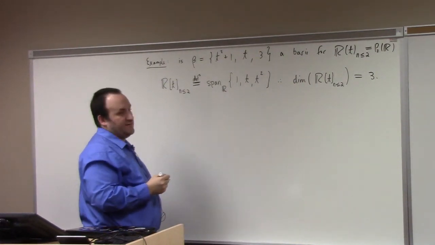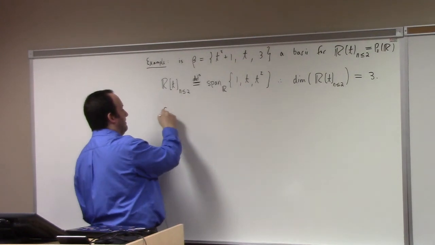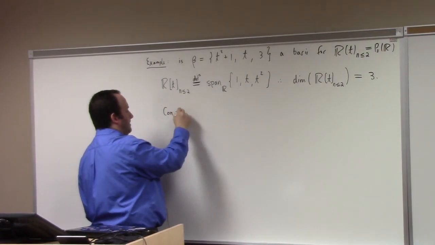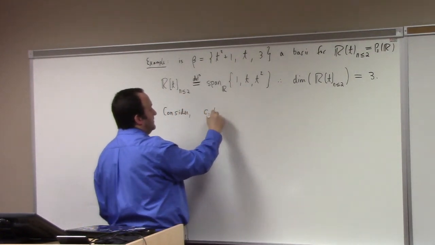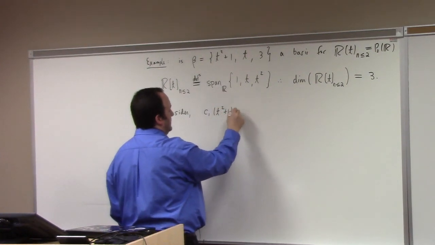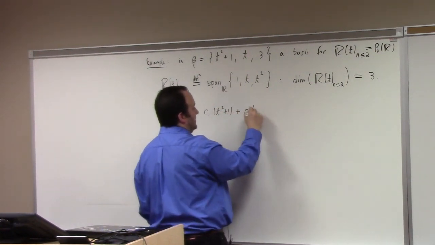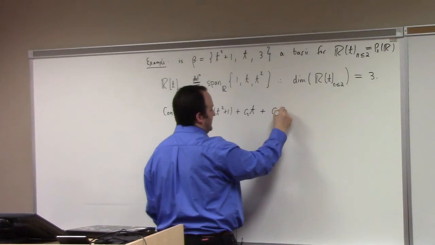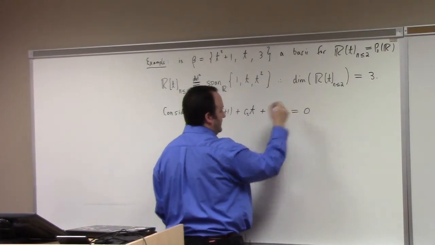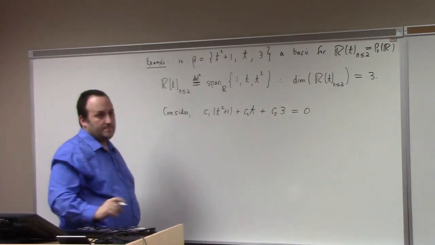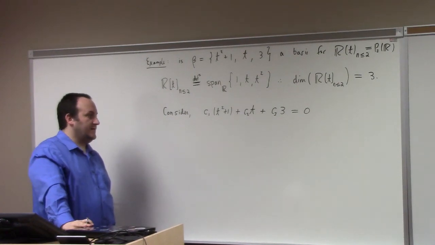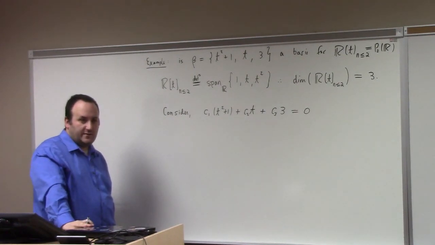Okay, so consider C1 times t squared plus 1, plus C2 times t, plus C3 times 3 equal to 0. If we can prove that C1, C2, and C3 are all 0, what does that show?